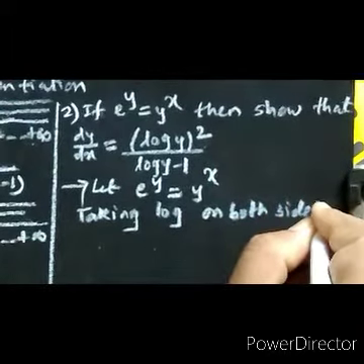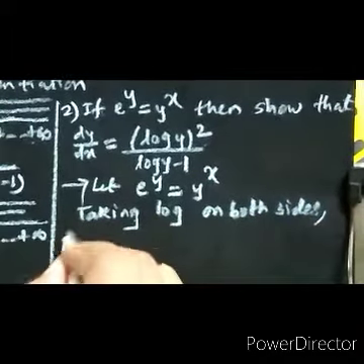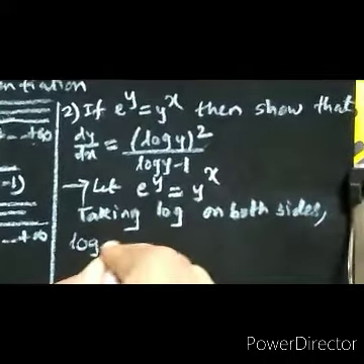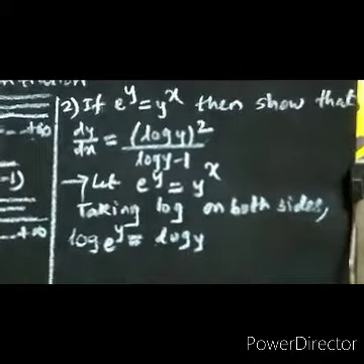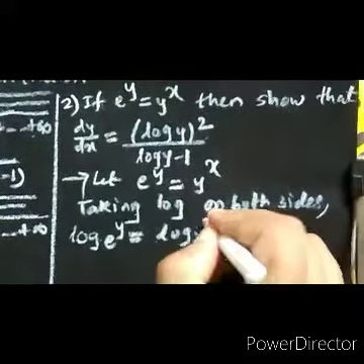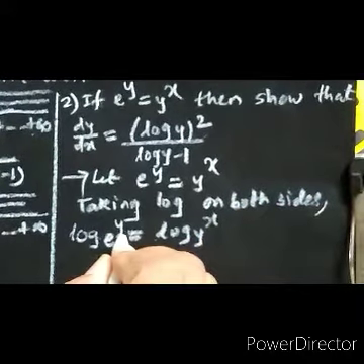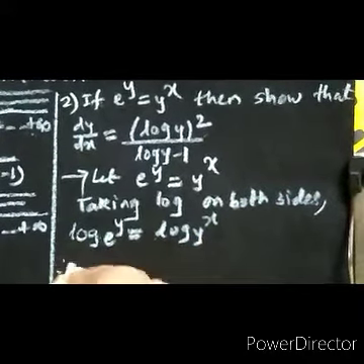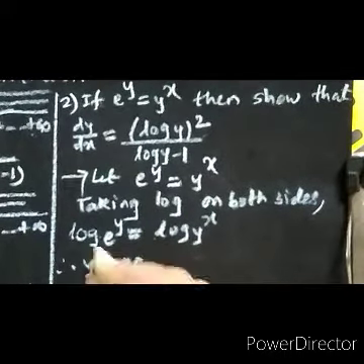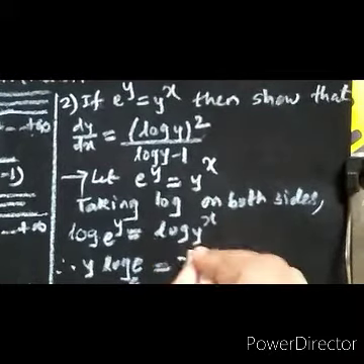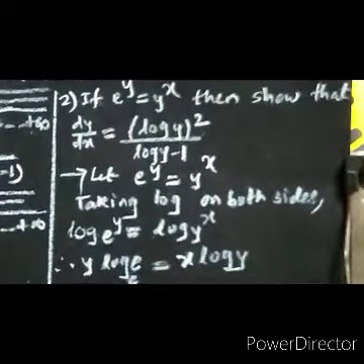we get log of e raised to y is equal to log of y raised to x, and therefore this power will come before the log: y log e, here the base e is there, is equal to x log y.